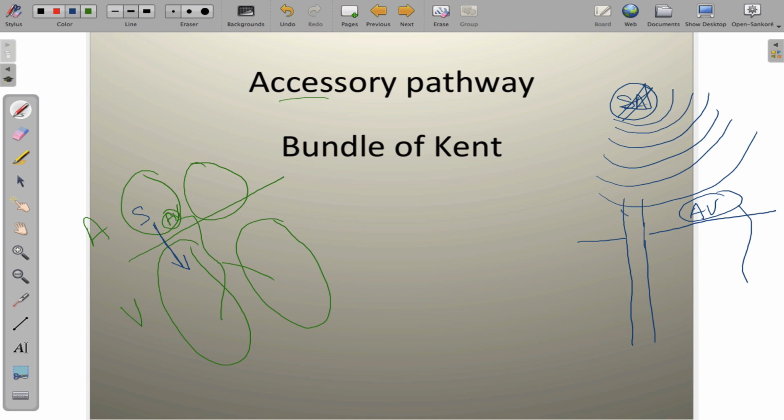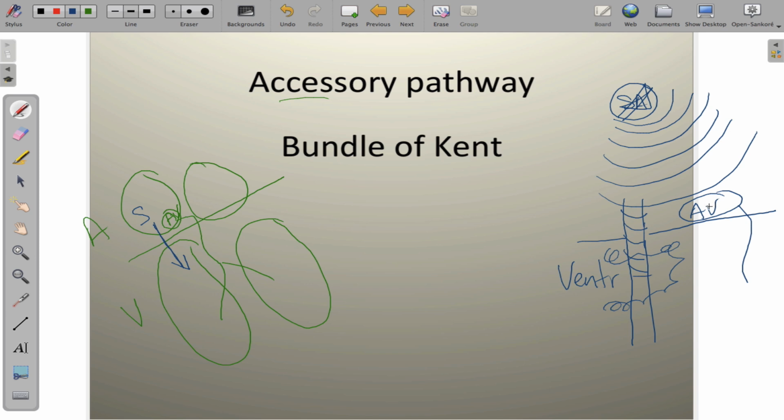So when this wave arrives here, it continues down this accessory pathway. This is ventricular tissue, and it pre-excites, meaning that it starts to depolarize this portion of ventricular tissue well before it was supposed to, because the AV node at this moment is still hanging on to the electrical impulse that it received.